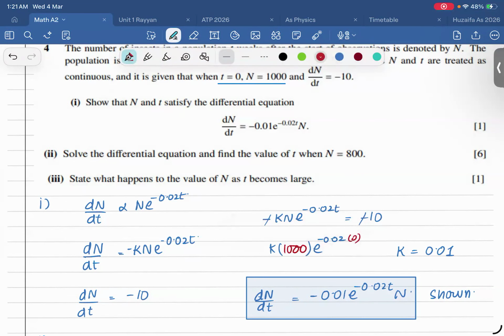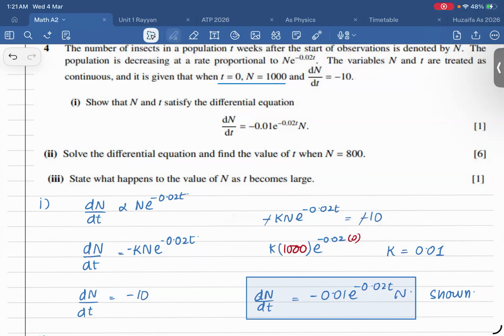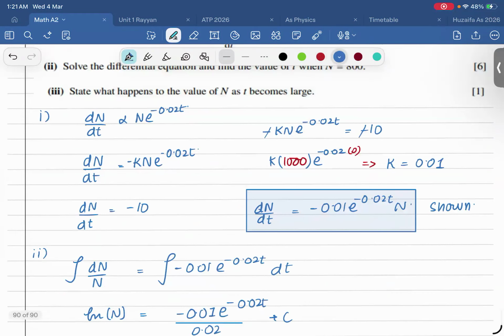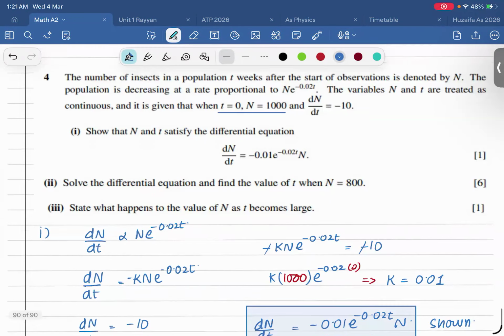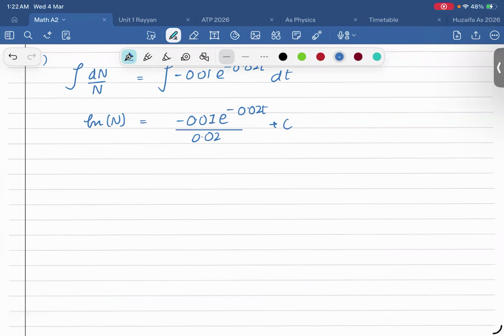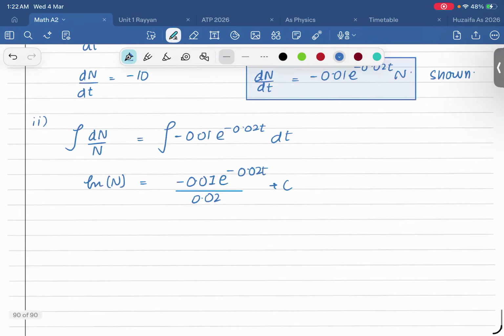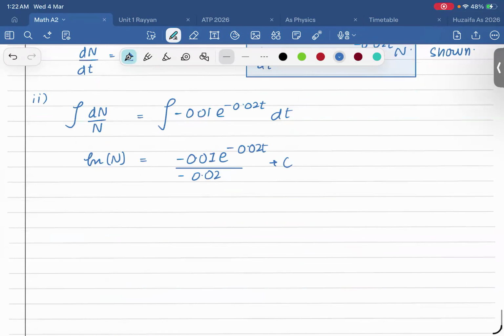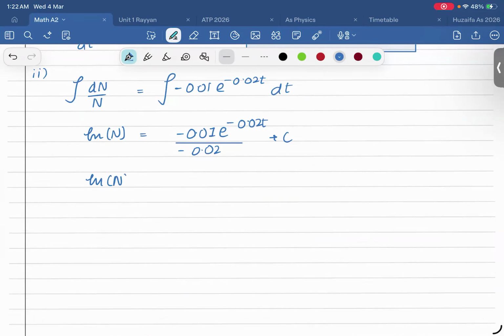Now that's fine. If I simplify that, I would get ln n, and that would be just 0.5, so 0.5 e to the power minus 0.02 t plus c.